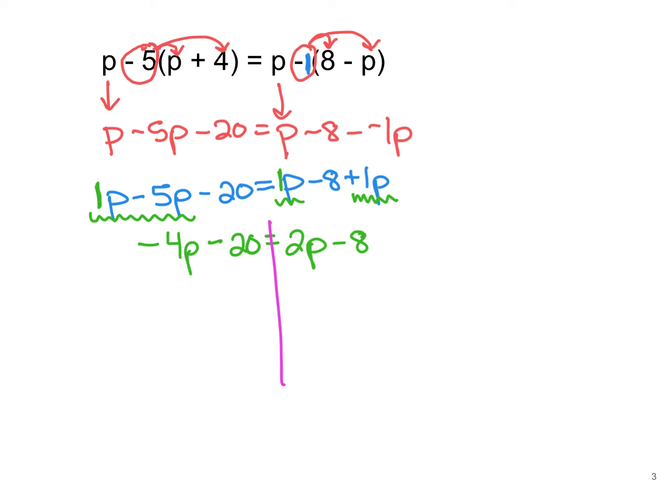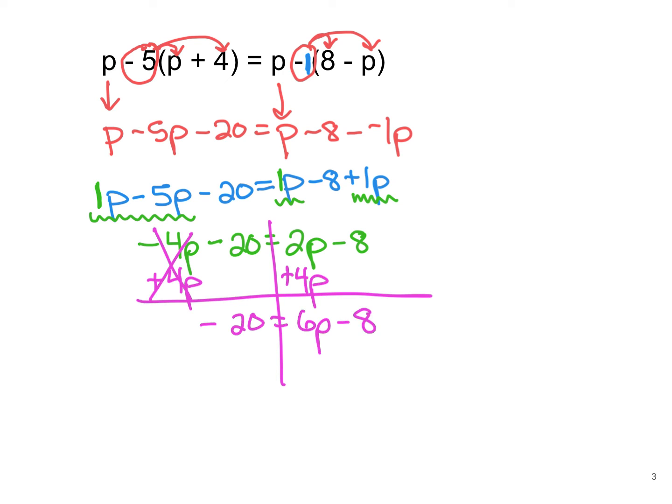So the -4p, I want to make it a 0. So if I have -4p, that means I need to add positive 4p, because that's the opposite, on either side. So -4p, positive 4p, they're opposites. The -20 comes down. 2p plus 4p is 6p, and then minus 8.